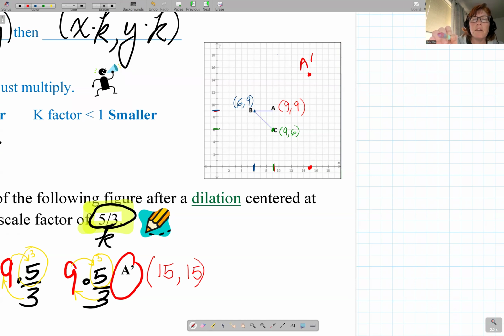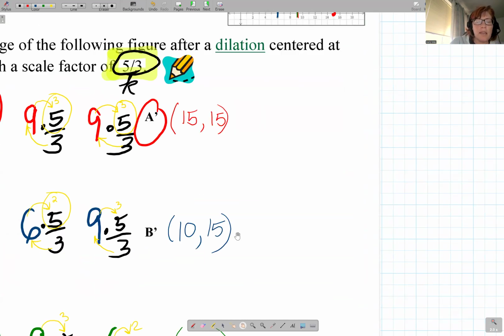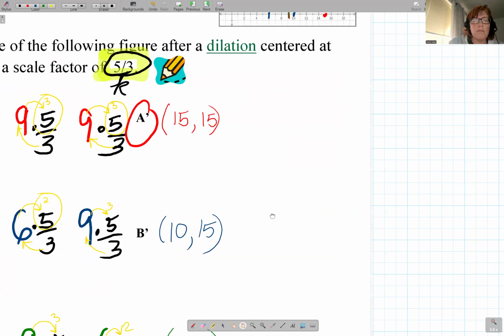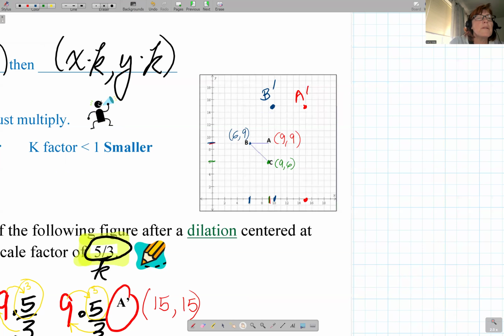(15, 15). And B is going to be at (10, 15). So there's 10, follow it up. 15. So B prime. And then C is at (15, 10).